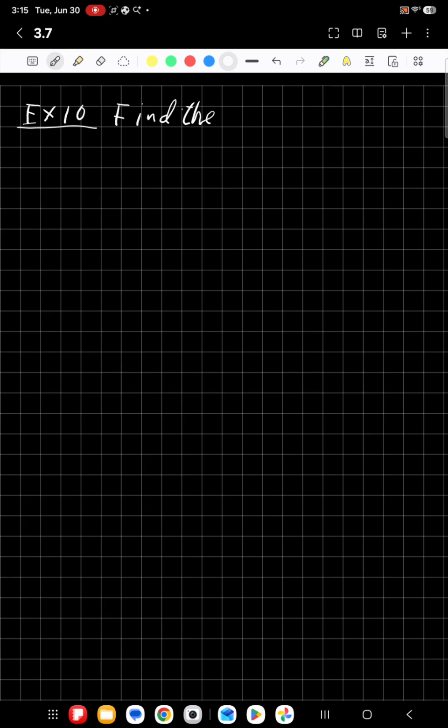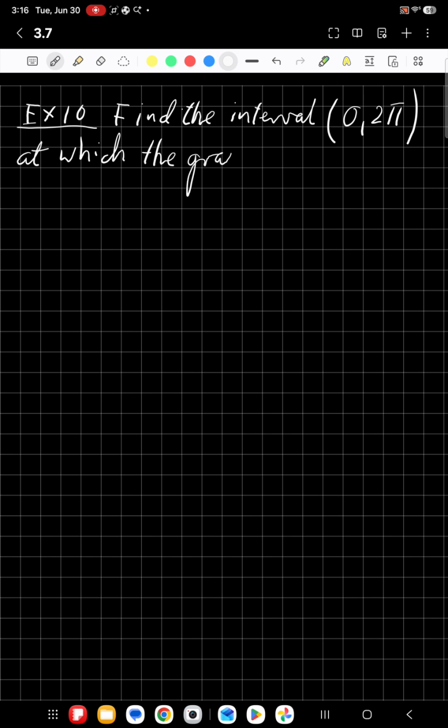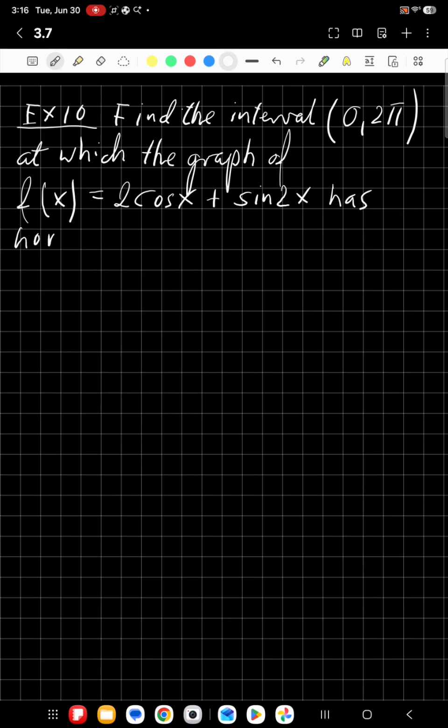Find the points on the interval from 0 to 2 pi at which the graph of f of x equals 2 cosine x plus sine 2x has horizontal tangents.